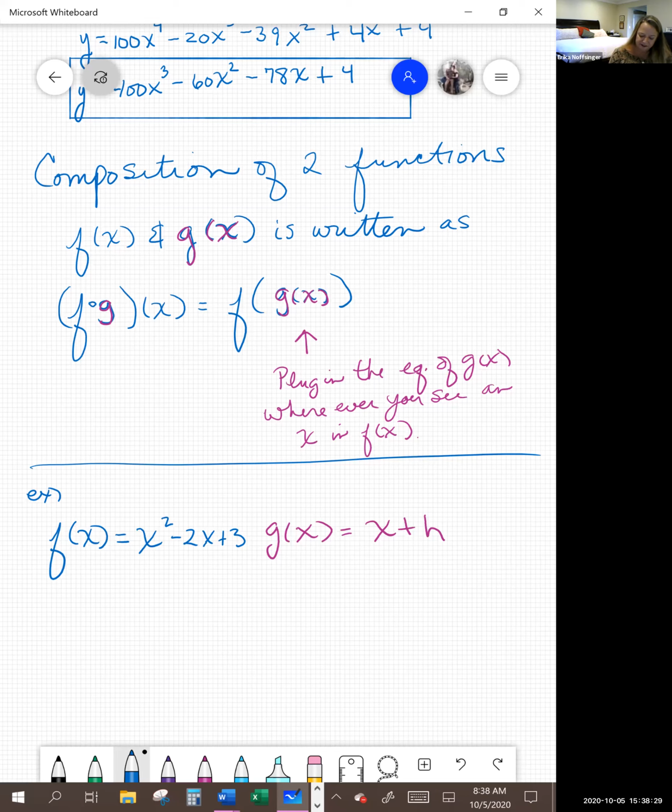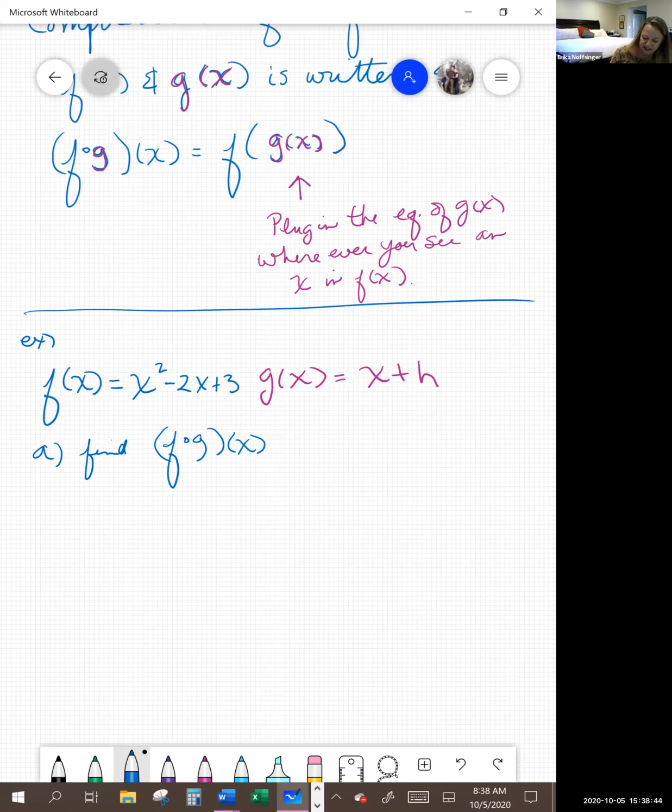So if it said find f of g of x, again, we can rewrite it. I think the other notation means more when it looks like this. Or another way to write that is f of, we're going to go in here and rewrite what g of x is, which is just x plus h.